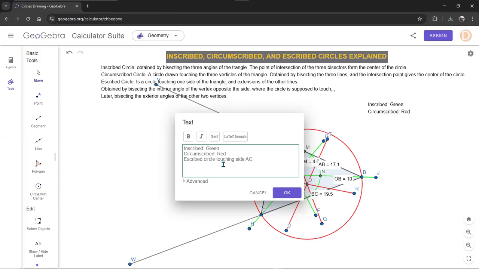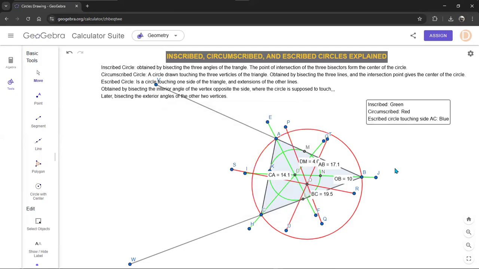So let's use blue. Yeah, that's okay now. First of all, these are just the lines that we had previously. Our triangle, this is just an extension. So we are not going to change the color.